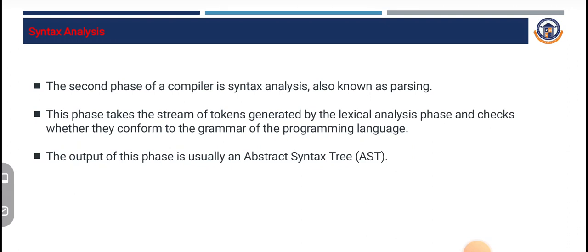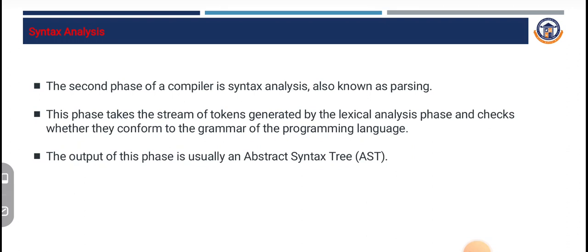This phase takes the stream of tokens. The input is the token, because the lexical analysis generates the token output, and the token output is given as input to the second phase of the compiler. It checks whether the stream of tokens generated by the lexical phase conforms to the grammar of the programming language.